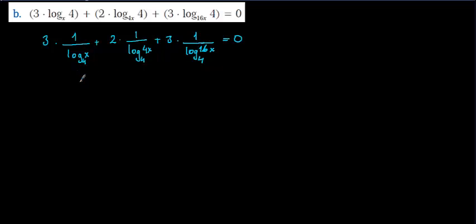Here if we arrange this one, 3 times 1 is equal to 3 over logarithm base 4 of x, plus 2 over logarithm base 4 of 4 times x, plus 3 over logarithm base 4 of 16 times x is equal to 0.